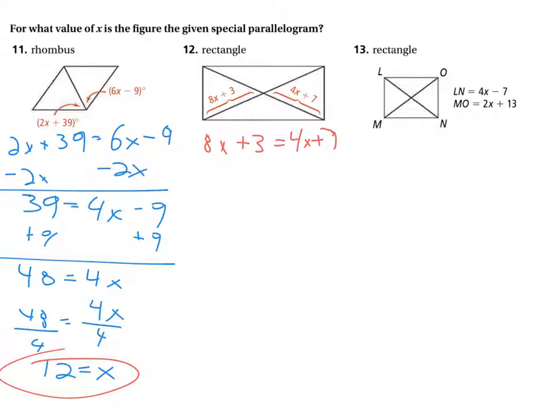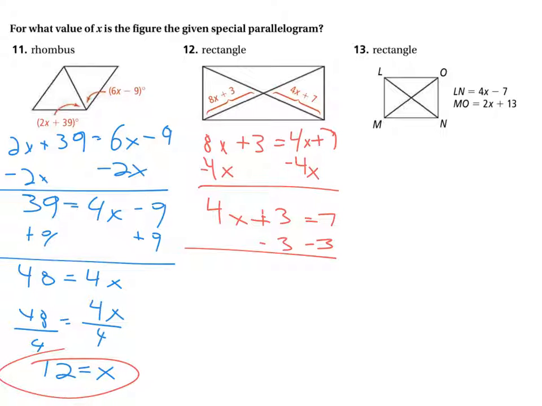And we then solve it. So minus 4x. We can do better, but sorry, this pen is a little bit rough to write with for some reason. Anyway, we got 4x plus 3 equals 7, minus 3, 4x equals 4.